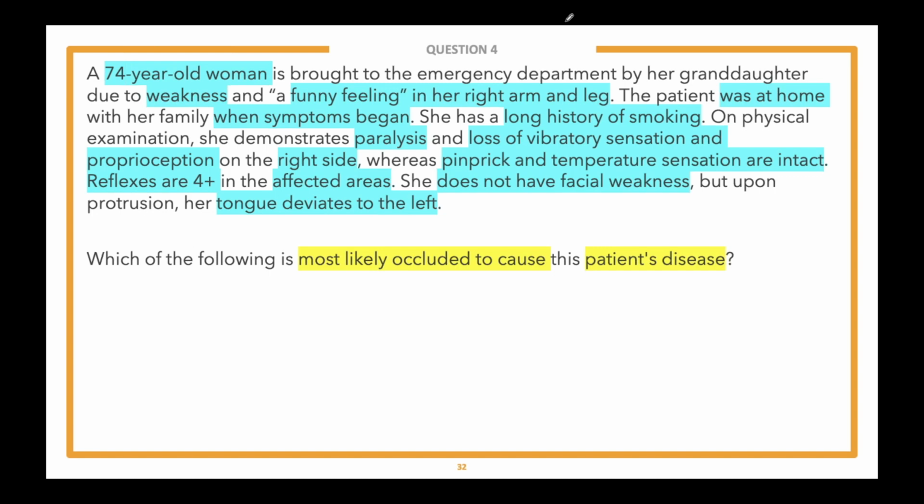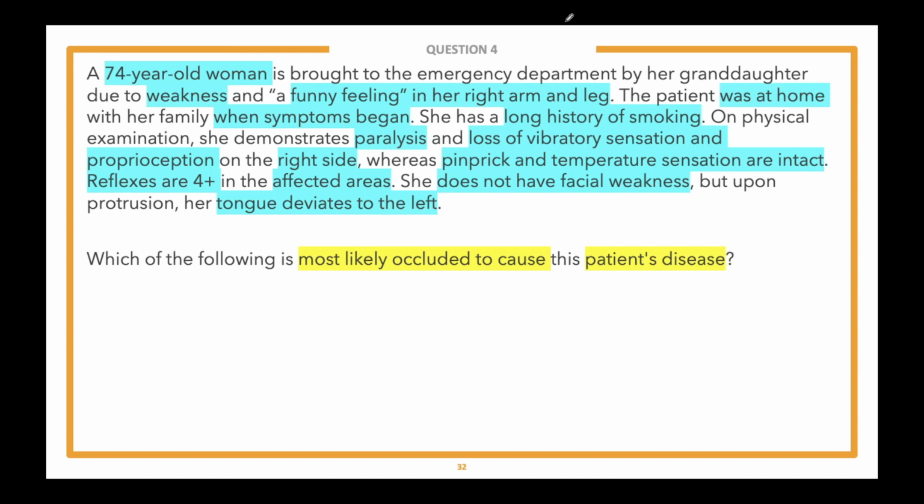We know she's got some more symptoms along the lines of neuro. And then they give us those physical exam findings. As I'm sure you probably have picked up on, we're going to have to combine all those and try to come up with a diagnosis based on that constellation of signs and symptoms. So let's look at that lead-in.